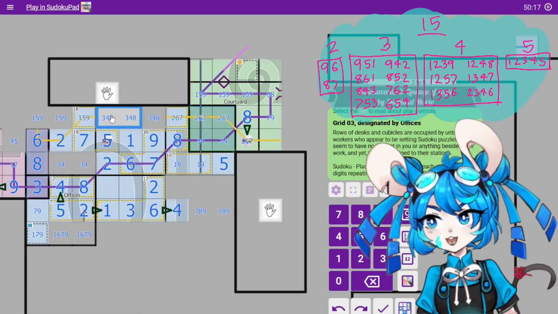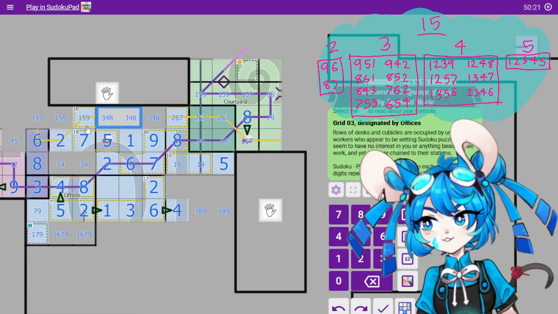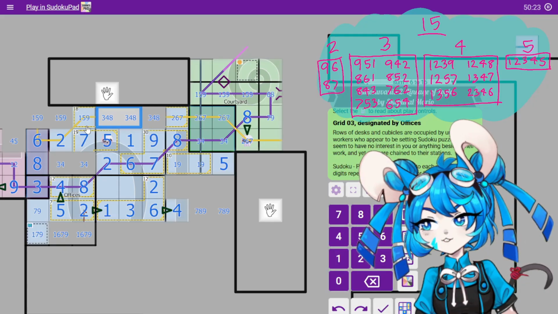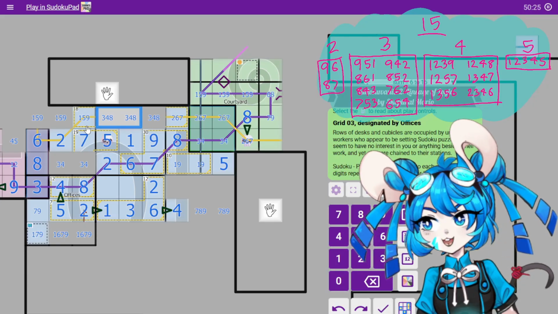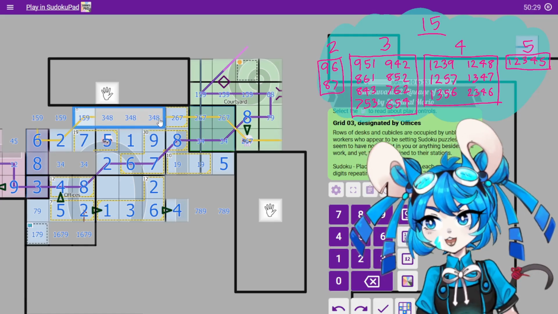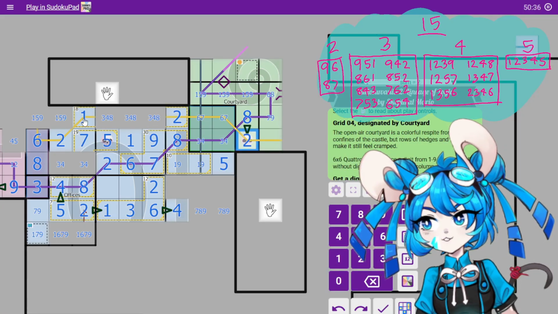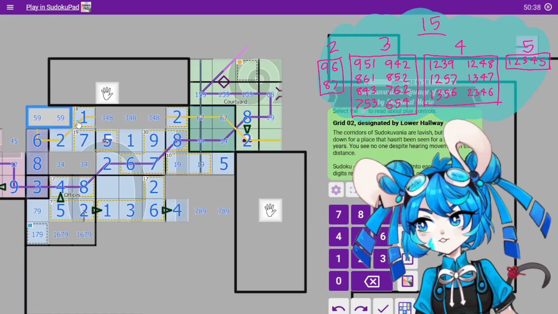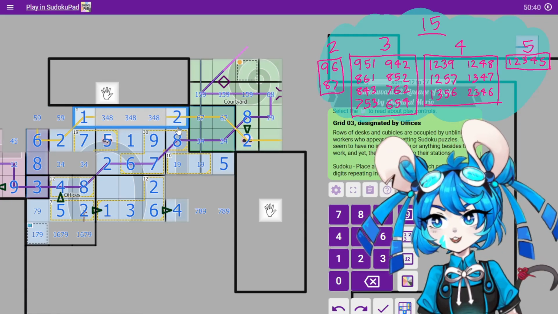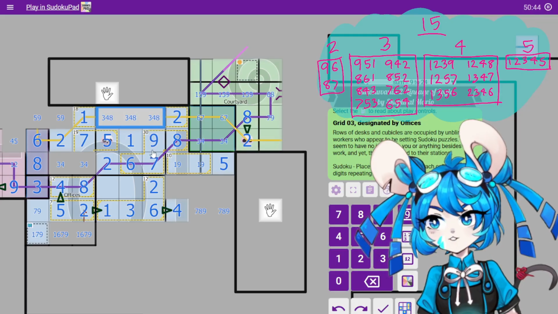No, the maximum for this would be 12. Or 11, or 7. Yeah, no, it has to be all 5 cells, putting a 1 here and a 2 here, which also puts a 2 here. So these are 1, 3, 4, 8, and 2 in some order.